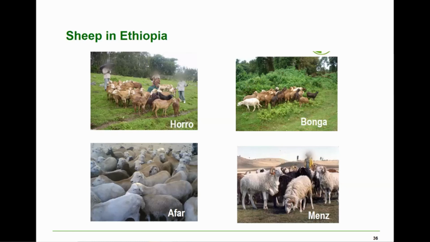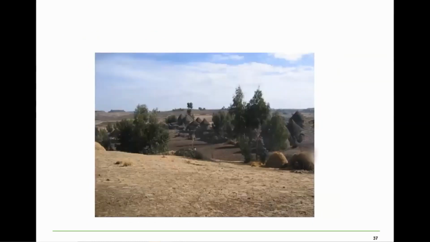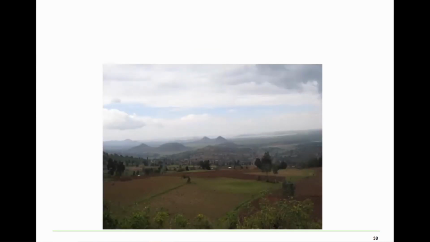But back at the beginning, quite a few years back, there was a project that was dealing with sheep in these 4 areas. There are also a few other pictures from the area so that you can have an impression of how the environment looks.